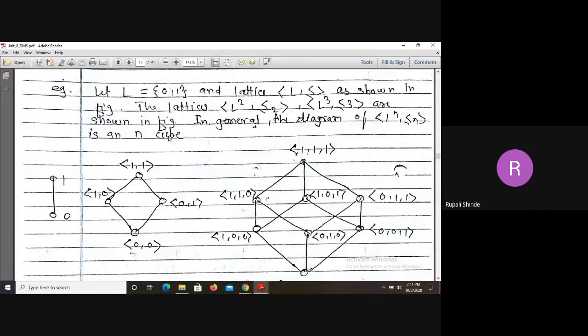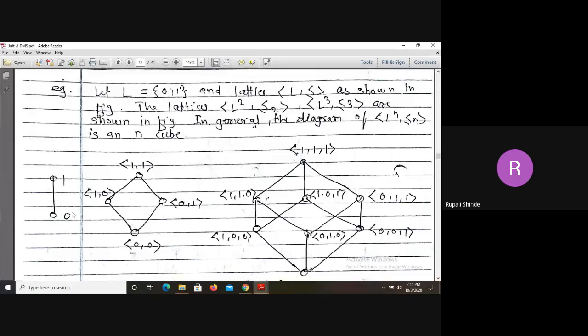So here they have given one example in order to explain the need of direct product. So let L equals 0, 1 and lattice L has partial ordered relation as shown in figure.